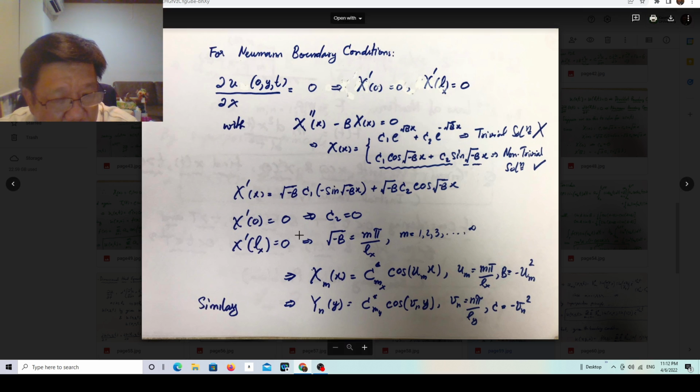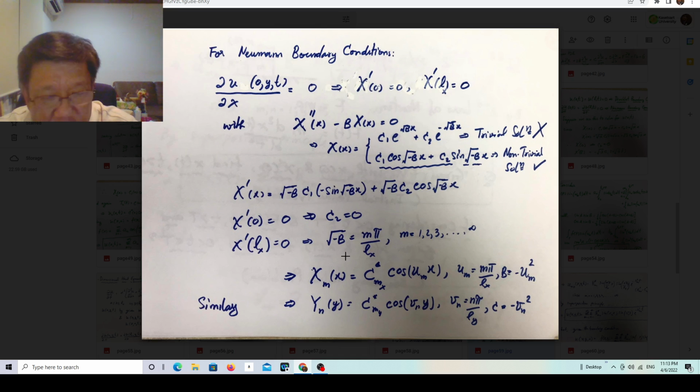And when you put the boundary condition here for both sides, at the lower limit at 0, the sine term becomes 0. So only the cos term remains, and when x is 0, the cos term becomes 1. So the only way the first derivative evaluated at x equal to 0 can be 0 is that this constant c sub 2 needs to be equal to 0.